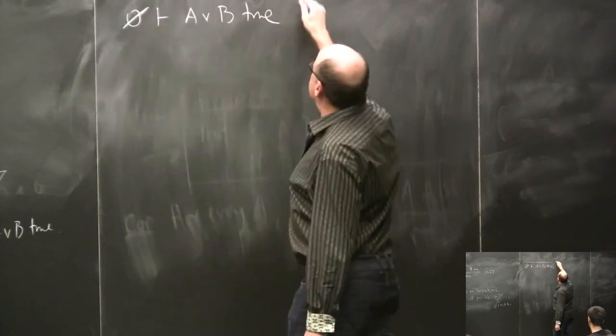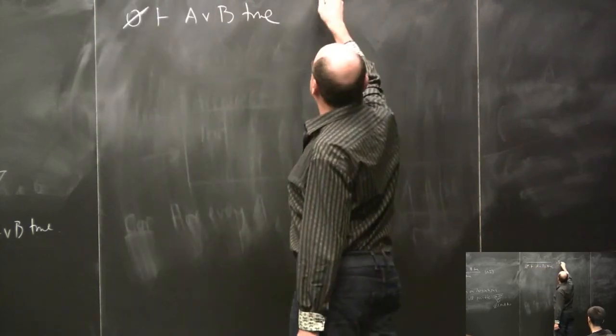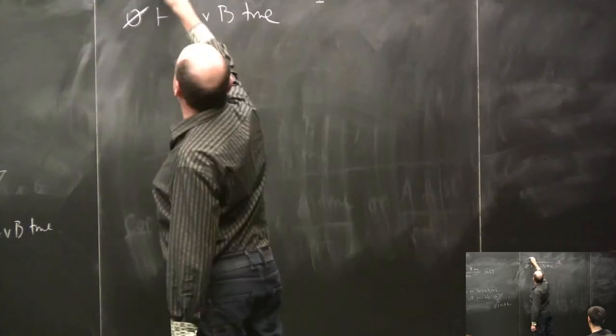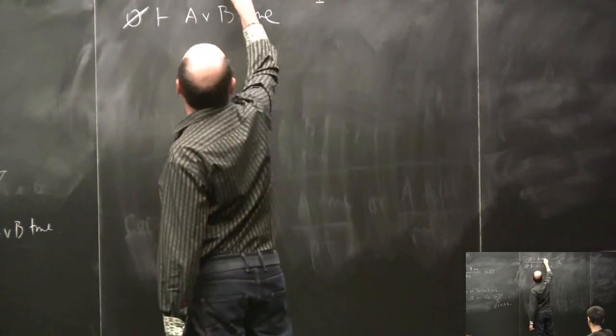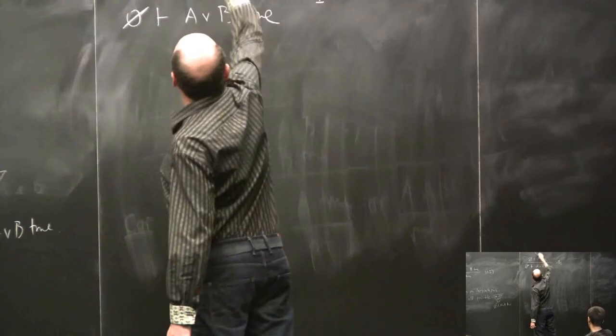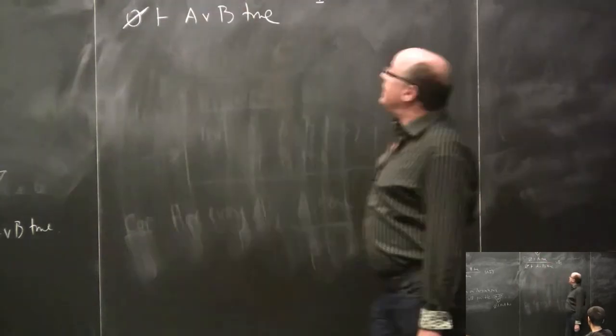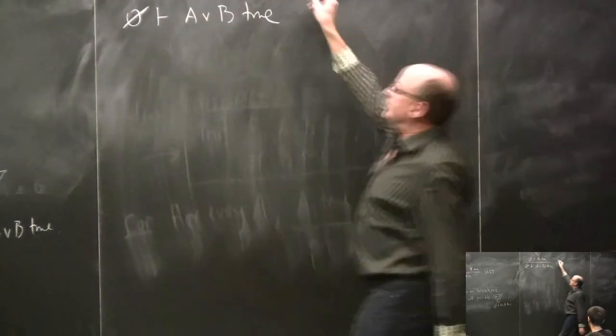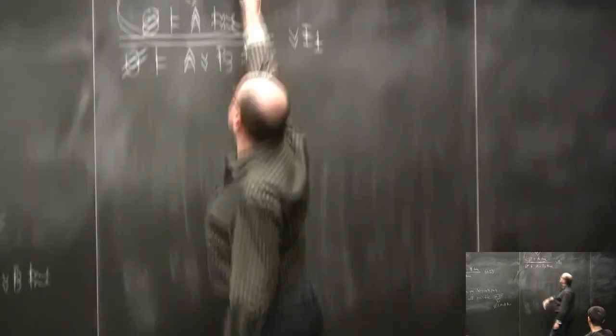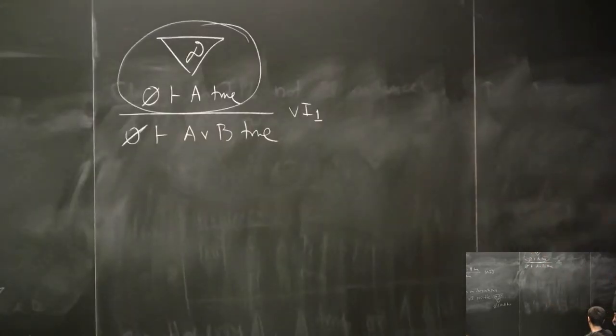The last step might be or-introduction 1, in which case what I have here is A true for some reason, and you say, there it is, that's the one I'm looking for, and I'm golden.